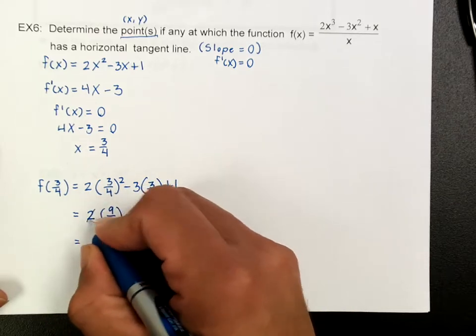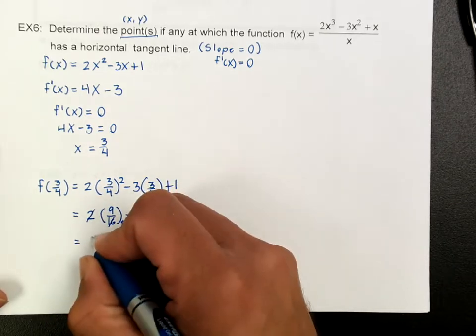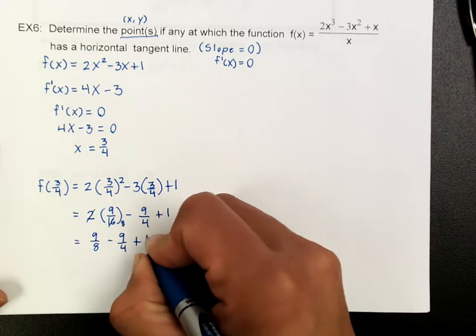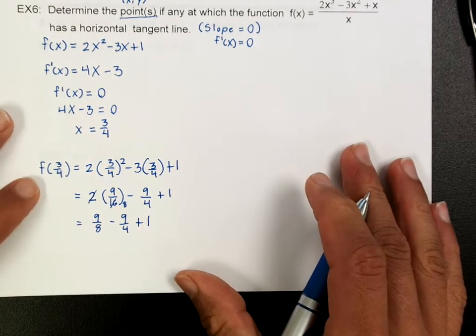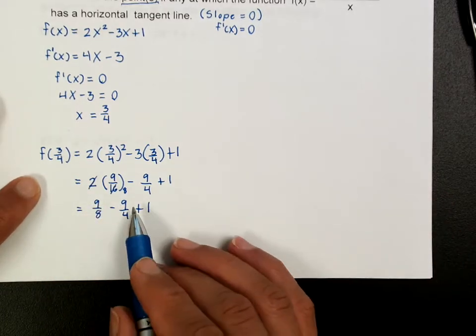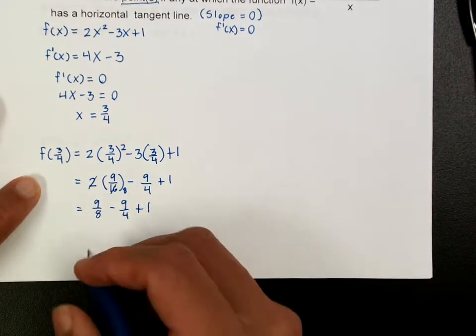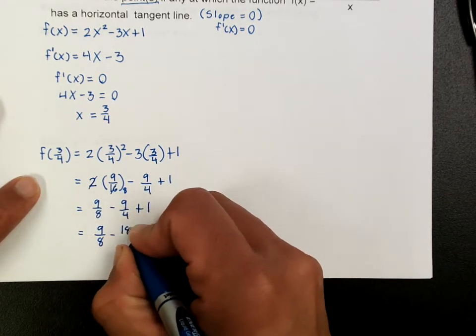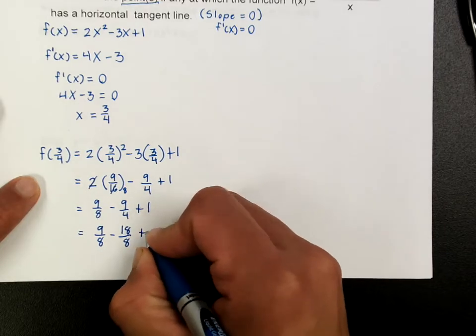And this would be an 8 here, so then I would have 9/8 minus 9/4 plus 1. If I want to add these together, I need a common denominator, so I'm going to multiply top and bottom here by 2. And I would have 9/8 minus 18/8 plus 8/8.